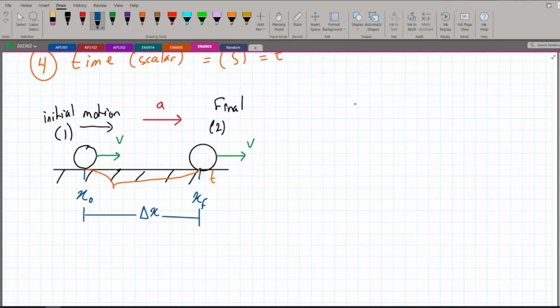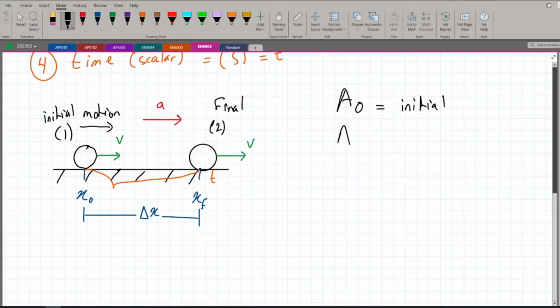So when you have the subscript of 0, this means it is initial. Whatever variable you have here, if you have 0, it is initial, and if it is f, it is its final velocity, displacement, or time.